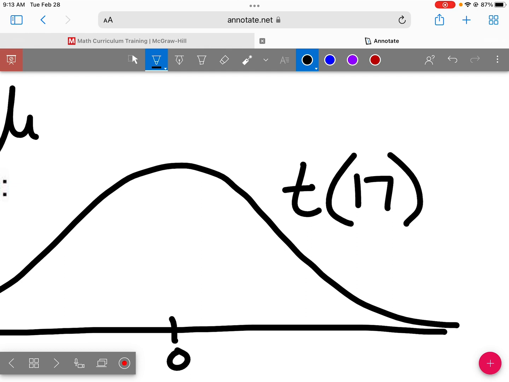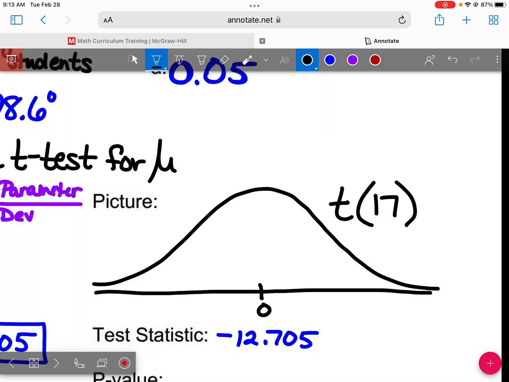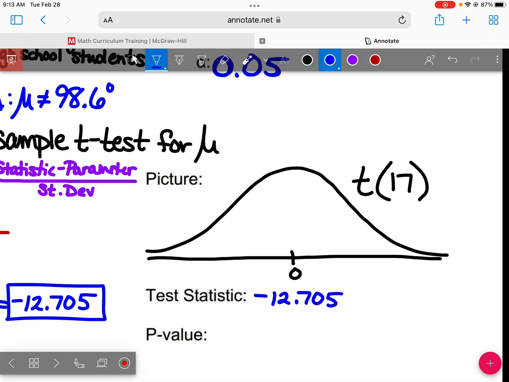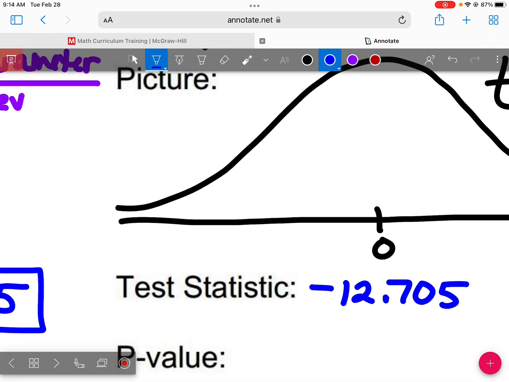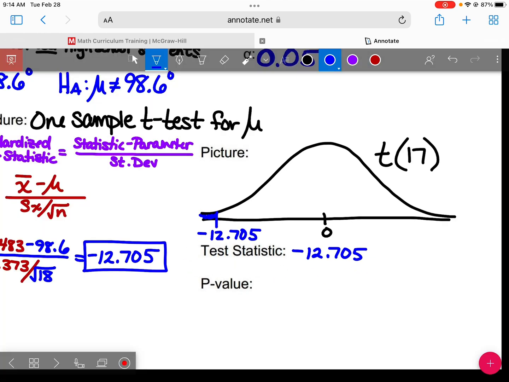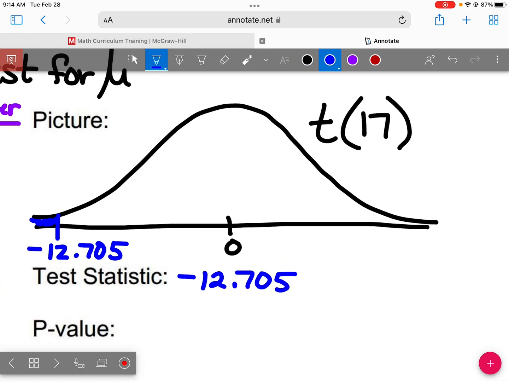We don't have to have as much information. And then we're going to put our test statistic on here: negative 12.705, way over here. We also have to do positive 12.705.